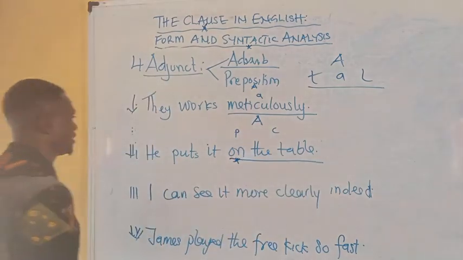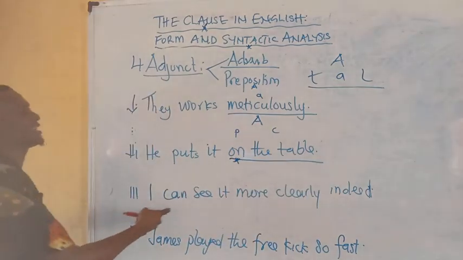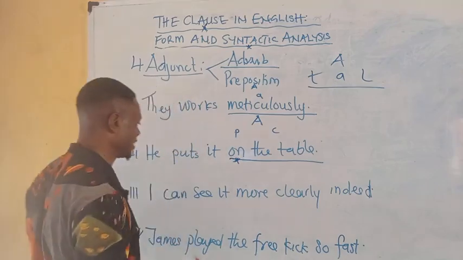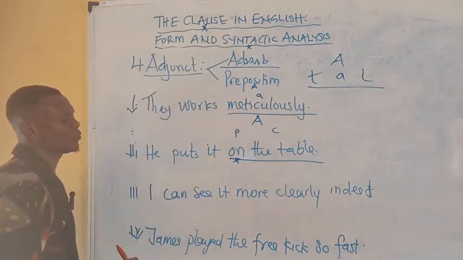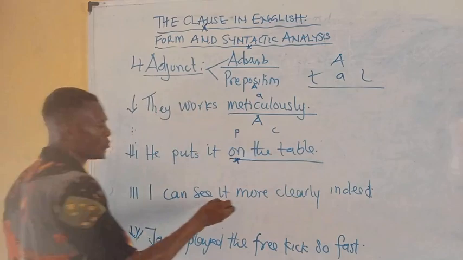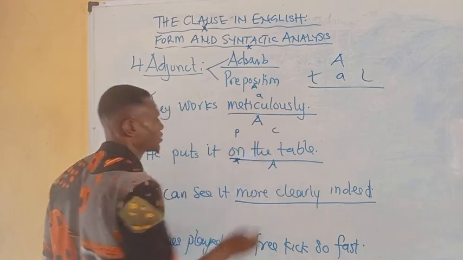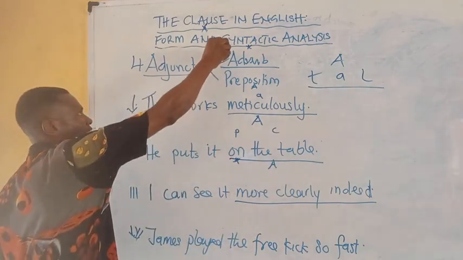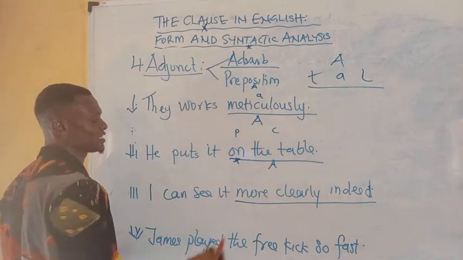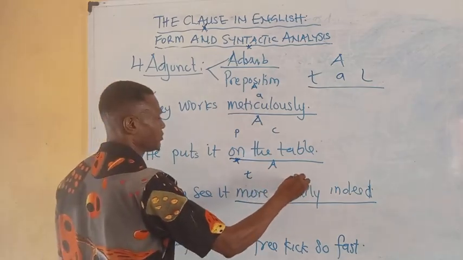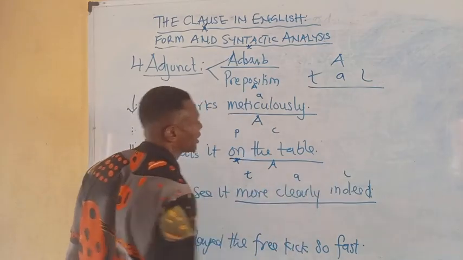The next one we have: I can see it more clearly indeed. More clearly indeed is an adjunct. What type of adjunct is this? That is an adverb. So what is the element? This is temporal, this is the apex, and this is limiter.